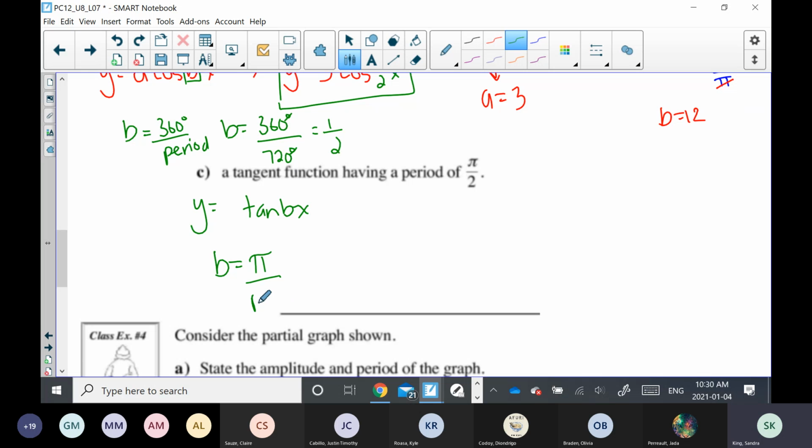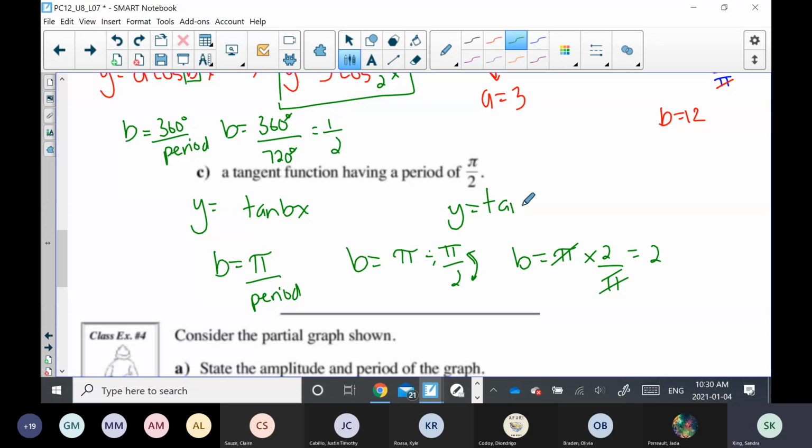So it's pi divided by the period. So the B value is pi divided by pi over 2. And that's the same thing as pi times the reciprocal. Pi and pi would cancel to give me a B value of 2. So the equation of this graph would be y is equal to tan 2 of x.